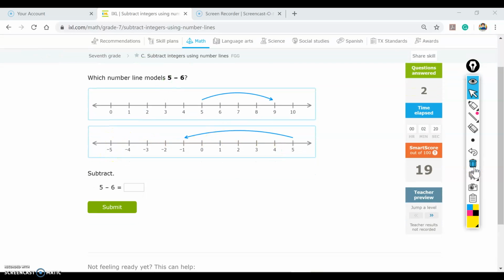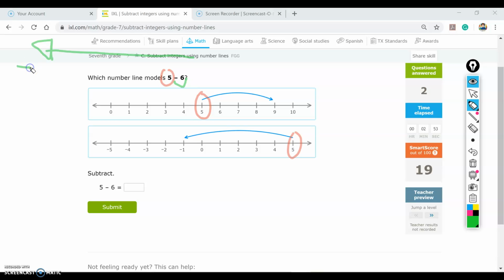So let's check. And we got it right. Now let me do this one here. Where do you think I will start for this problem? Yep, I will start at +5 because that's what the problem is giving me. Look how this one starts at +5, but this one's starting at +5 too, so they both could be correct. What's going to define the right answer is the second part, which is the -6. Every time you have a negative number, you have to remember that it goes to the left.